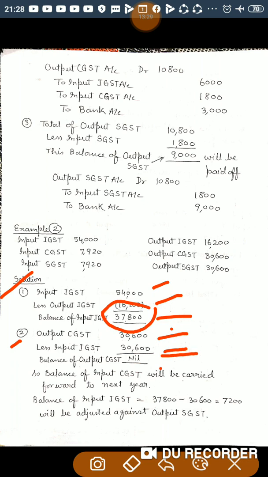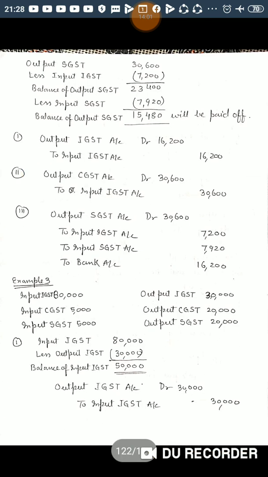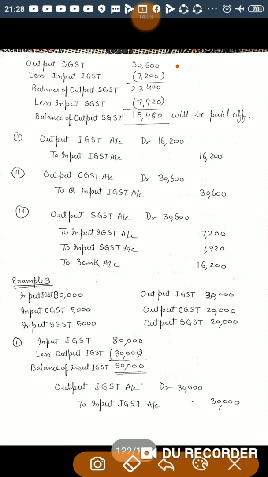So in this case input CGST cannot be written off, because the output CGST balance is totally over. So this input CGST will be carried forward to the next year, and the balance of input IGST is still 7,200. This 7,200 can be recovered against output SGST. So I have shown it here. Output SGST is given 30,600.